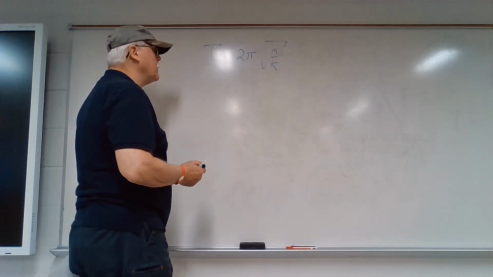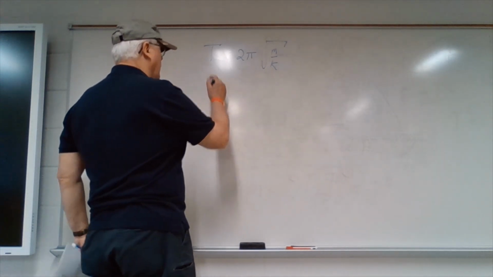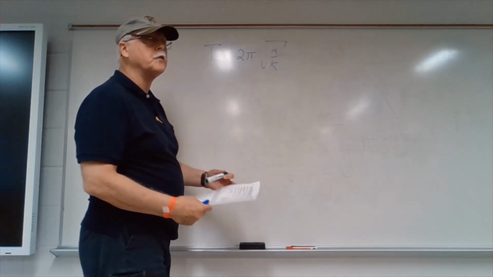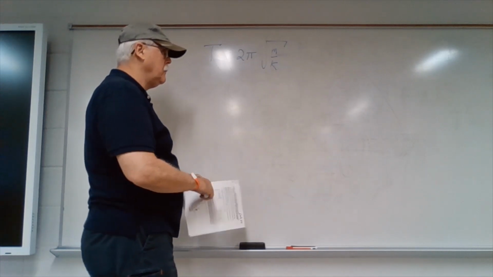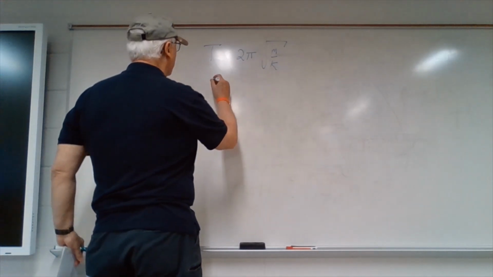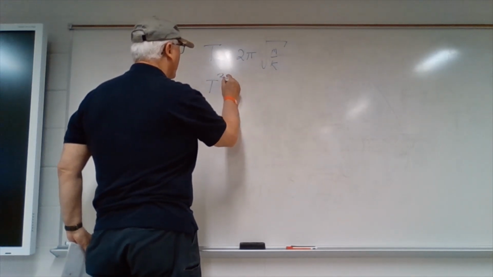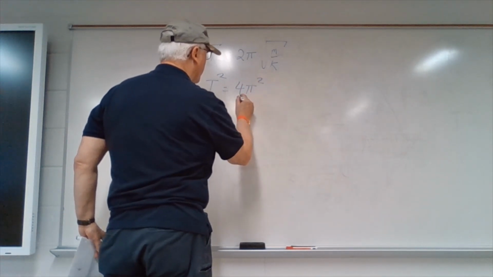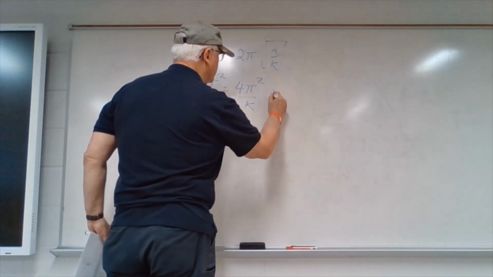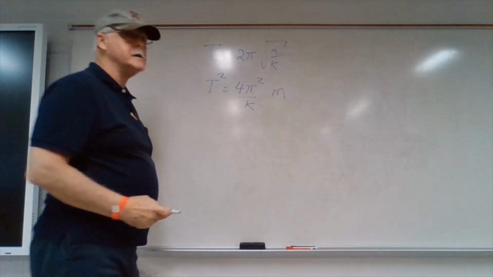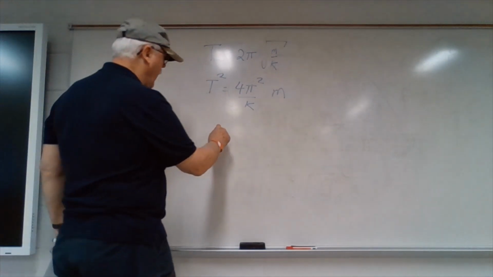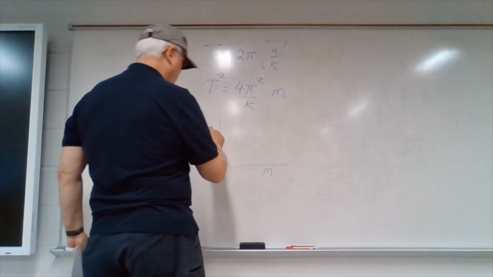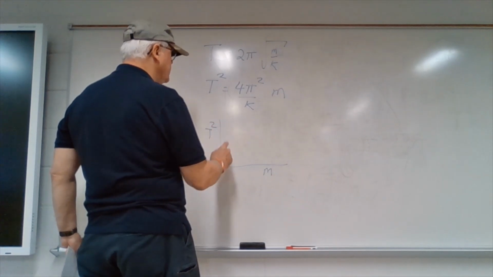We're going to do exactly the same thing here. I'll do it for the spring, and then I'll do it for the pendulum. So now we're going to say T squared is 4 pi squared over k times m. So you are going to plot m versus T squared.